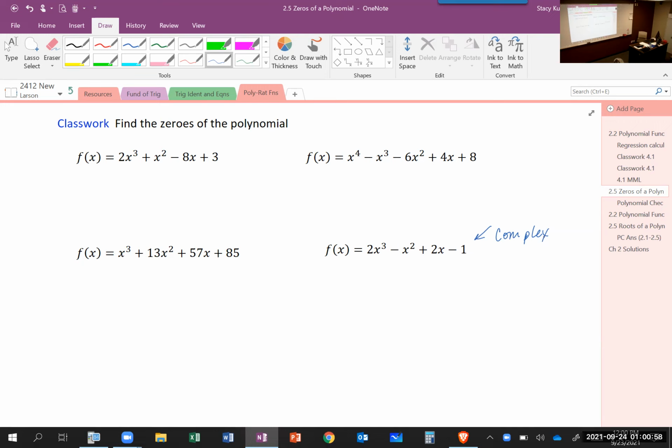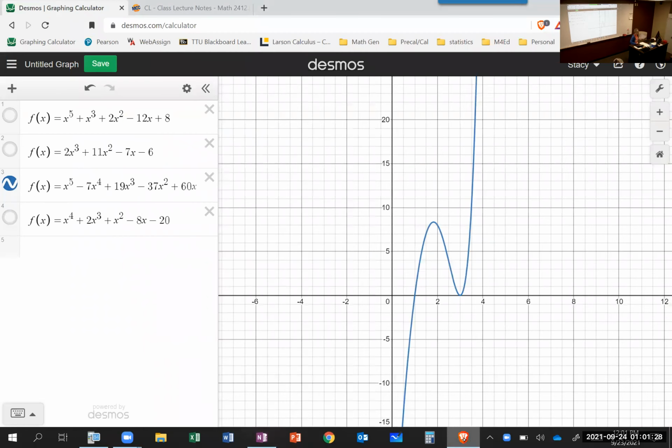Here's your first one. So you're going to plug in +1, and then it's going to spit out the number. And if it's not 0, you go to the next one. So you're going to try +1, then -1, +2, -2. You can use the Desmos function on your cell phone. Okay, I do have the Desmos. The reason mine didn't give me that table is because I have multiple functions listed there.